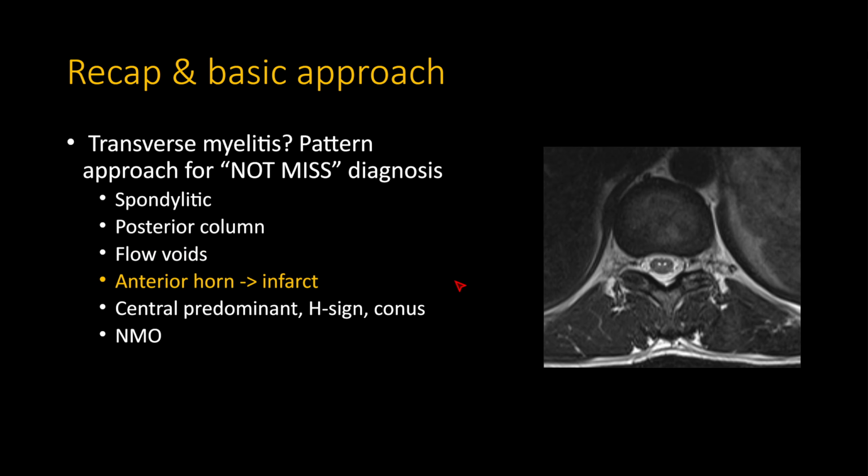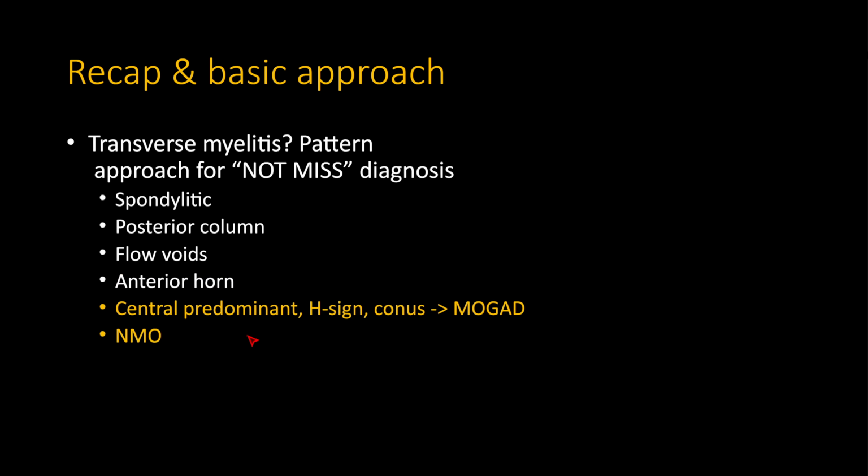Then, if you see anterior horn involvement, you should think of an infarction, or as shown here, this owl's eyes appearance. Although, as we discussed, the imaging in infarcts can be quite nonspecific, and it's really the clinical history that's the most important for infarcts. Finally, if you see something that's very central predominant, where you have that H sign with the central gray matter of the cord being affected, or you have prominent involvement of the conus, it's good to include MOGAD in the differential, because those are considered relatively characteristic in MOGAD.